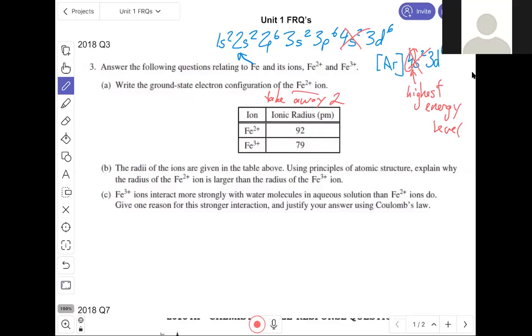S and P. And only S and P. All right. Valence electrons are only coming out of S and P, which means that you're only gaining or losing electrons into S and P, never D.